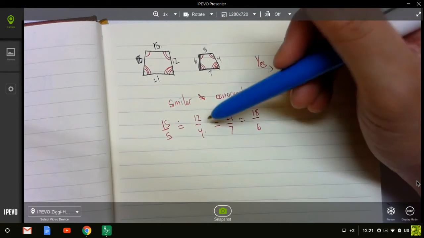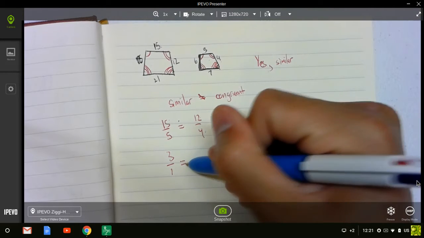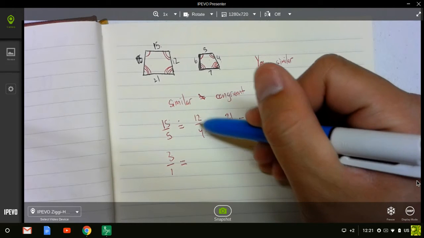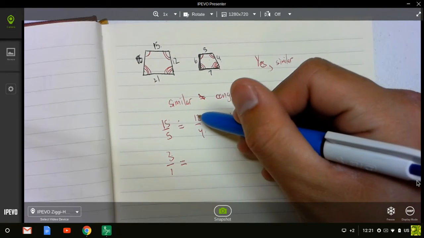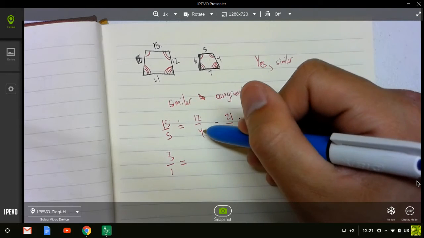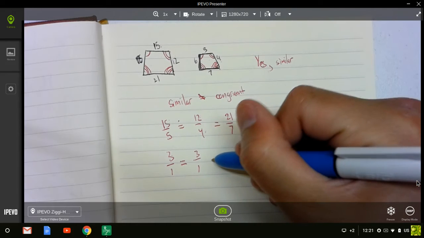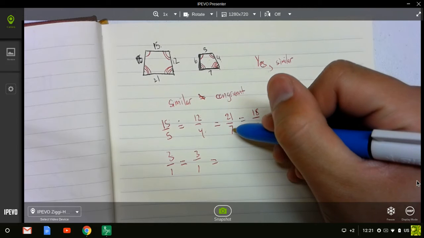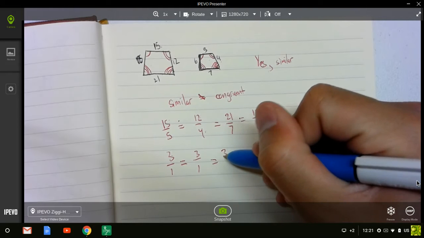So let's see, 15 divided by 5 simplifies down to 3 over 1. 12 over 4, if we factor out the greatest common factor of 12 and 4, which is 4, simplifies down to 3 over 1. And over here, the greatest common factor between 21 and 7 is 7, so 21 divided by 7 and 7 divided by 7 gives 3 over 1.